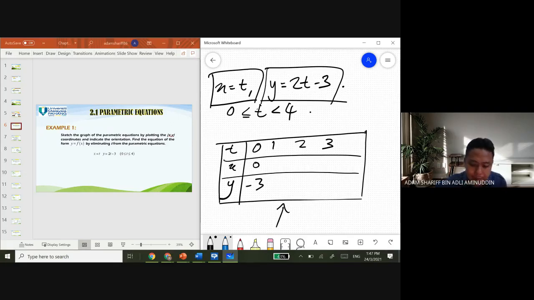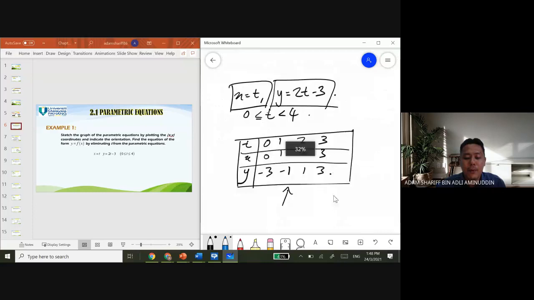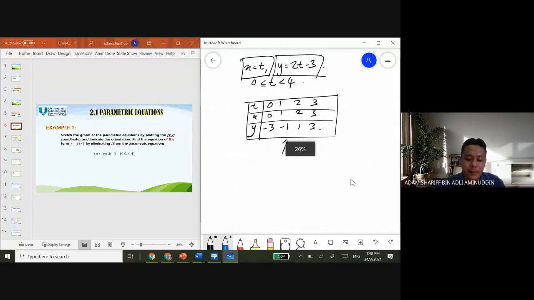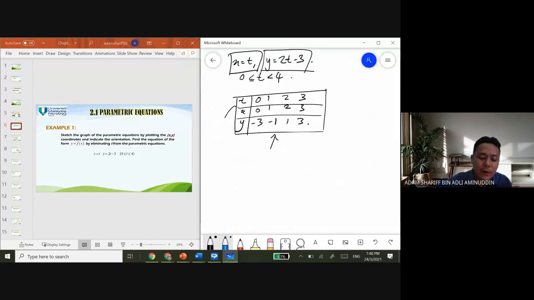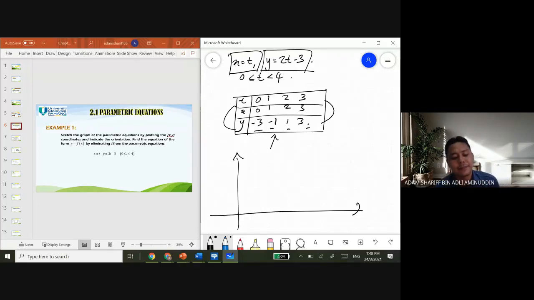Complete this table. Sekejap, 2 tolak 3, negative 1. 4 minus 3, 1. And 3 minus 2, 6, 7, 3. Okay. I finish representing some of the points here. When you get this value of x, y, cuba plot. Kita ada 1, 2, 3, 4 titik kat sini.